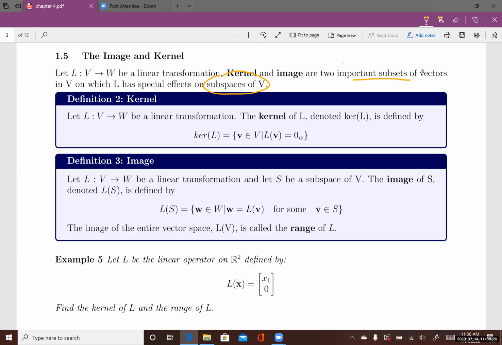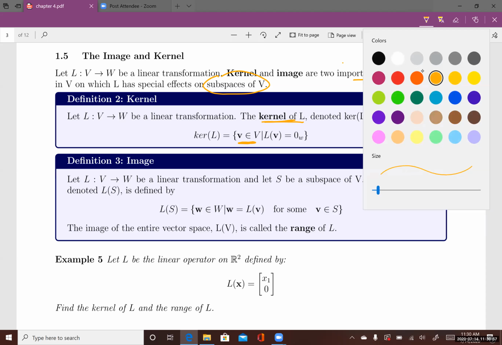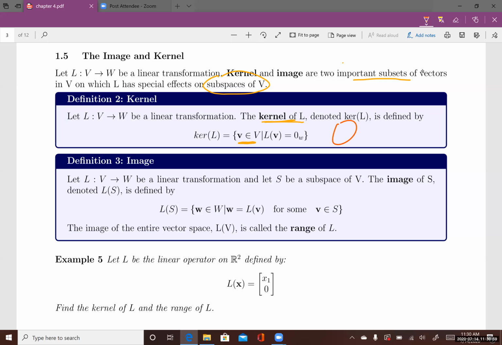Again, L is a linear transformation from V to W. Then the kernel of L, denoted KerL, is defined as the vectors in V such that if you apply these linear transformations on those vectors, it will give you a zero vector in W. So what it does is take a subset of vectors of V, and this is V, this is W, for example.